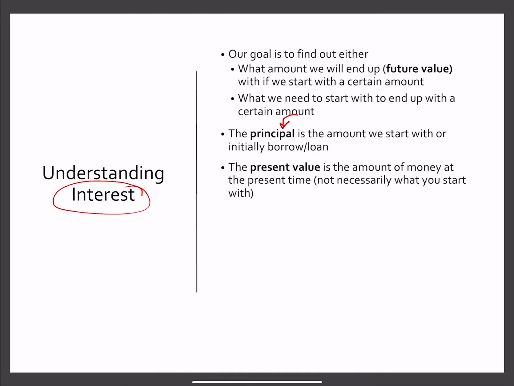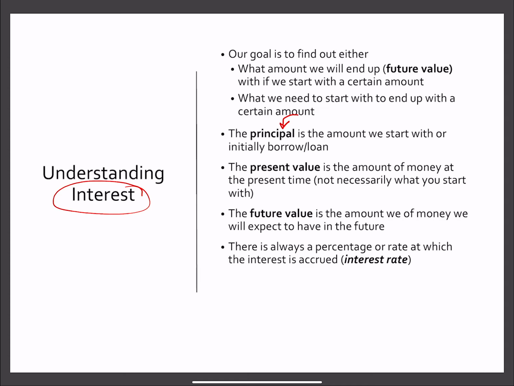It could also be, let's say you're going to save money for 10 years. You may want to know what the present value will be after 5 years. So you haven't completed it, but you want to know how much money you will have after 5 years. And the future value is exactly what it sounds like. It's the amount of money that you're going to have at some point in the future.